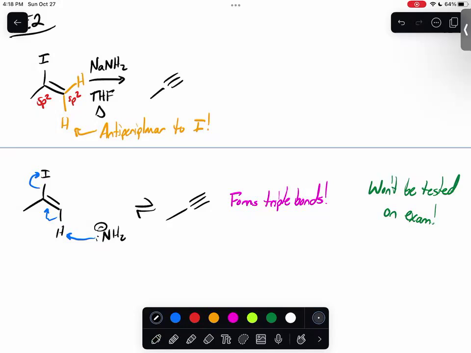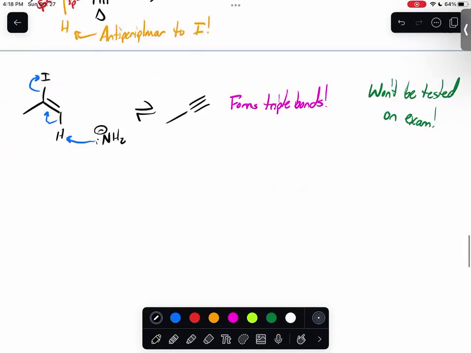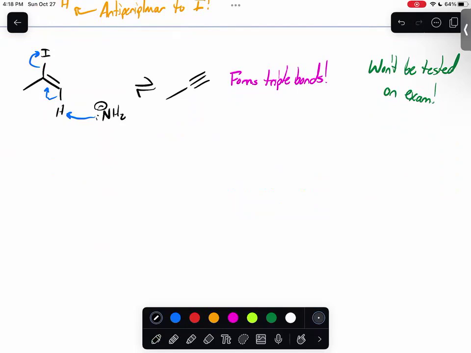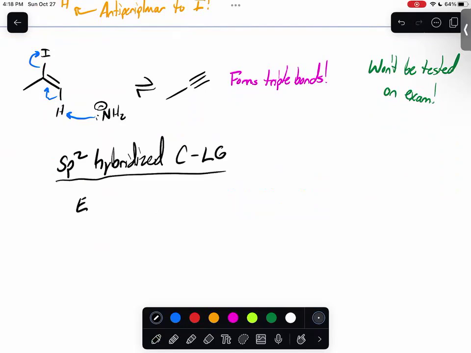So essentially, if we think about it, for sp2 hybridized carbons with leaving groups, essentially E2 can happen sometimes, but none of the others can.